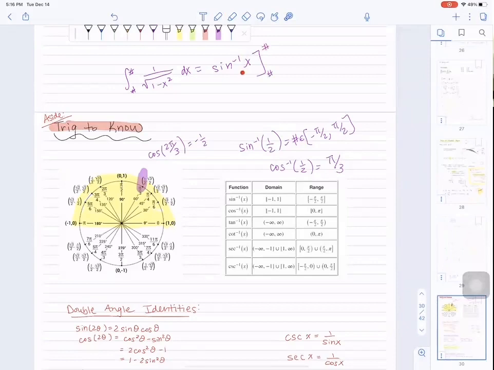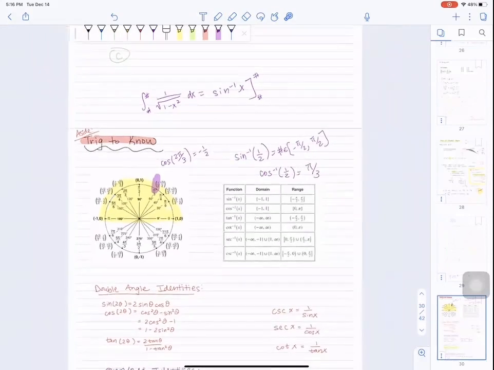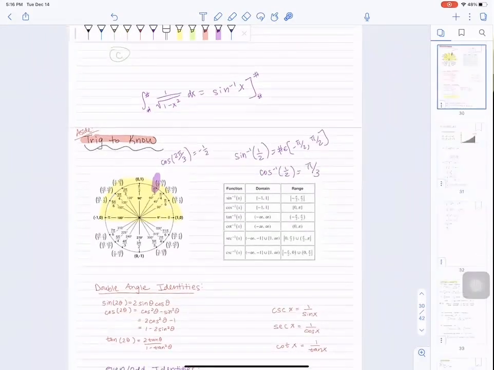So when you evaluate it at whatever number this is, you should know these rules. Okay, other questions on trig review?